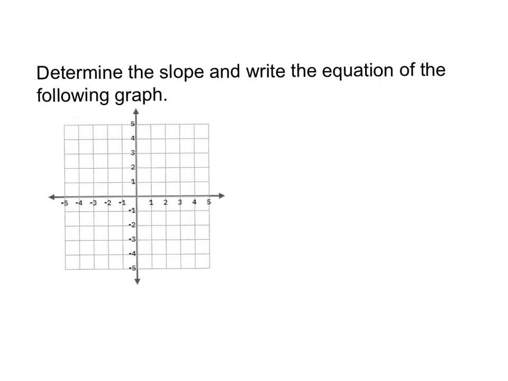Let's look at one more example. This says to determine the slope and write the equation of the following graph. So in this graph, you see that it is vertical. So when you see a vertical graph and you're asked about the slope, maybe it would help to remember the phrase VUX. The line is vertical, so the slope we call undefined.